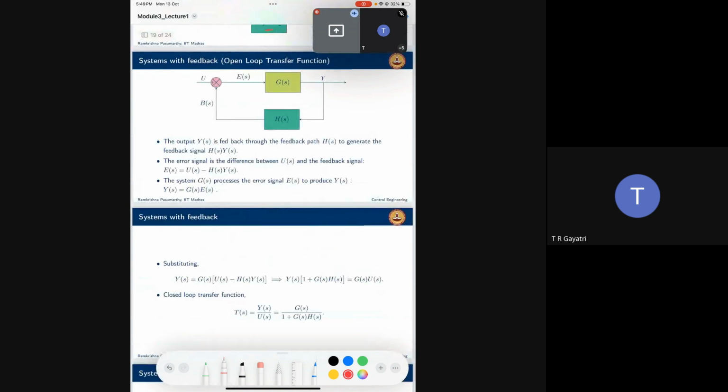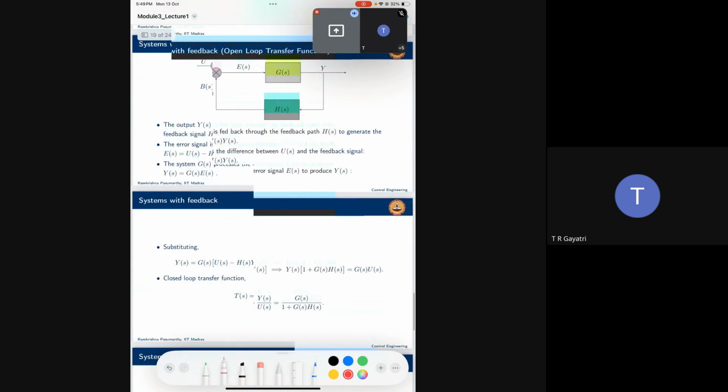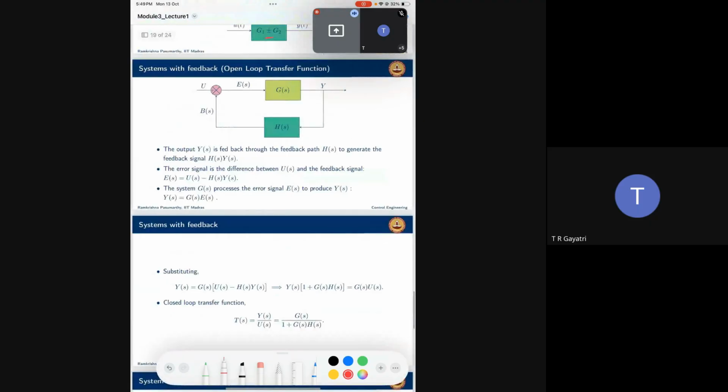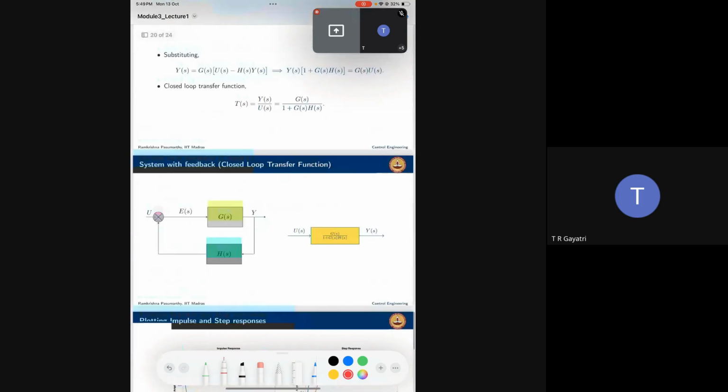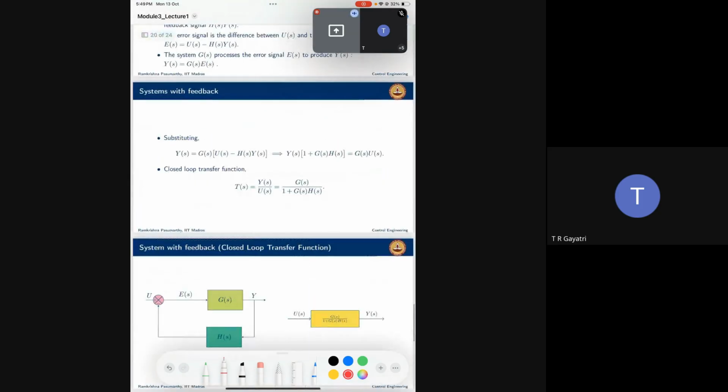That's the difference. And we have a feedback. We have seen this in a closed loop system representation. The only new thing here is E of S, where E of S is the difference between the output and the input. So this is the representation of a closed loop system. It's very important with negative feedback.